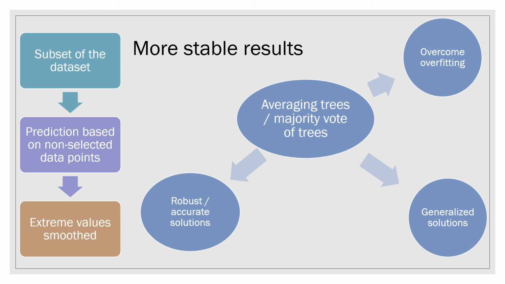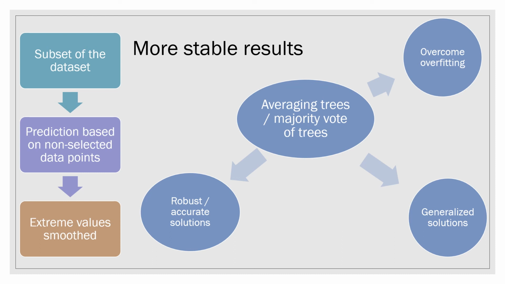So, this is how random forest works. It first takes a subset of the data, then it makes predictions based on the non-selected data points. And by doing this, extreme values can be smoothed, and because of that, this can overcome overfitting when we do our analysis.